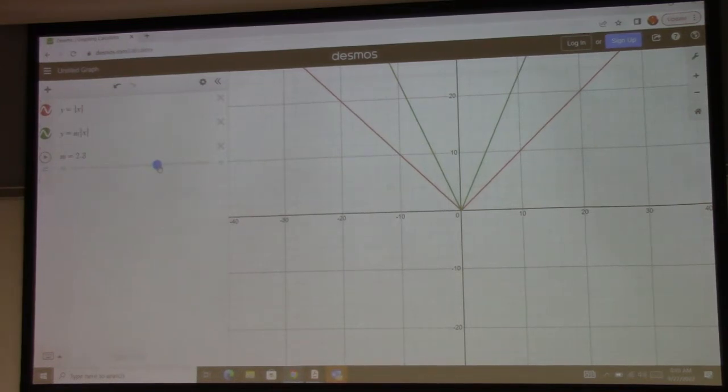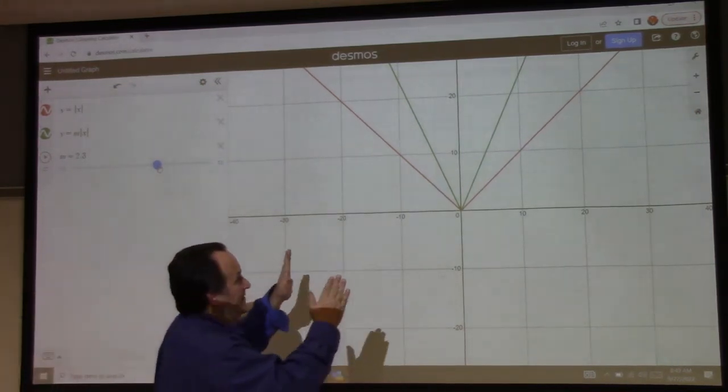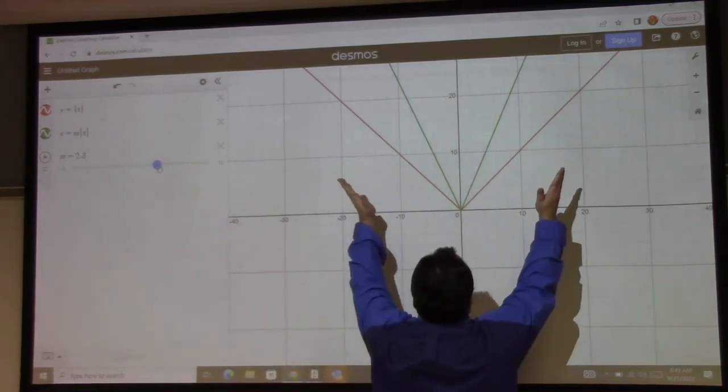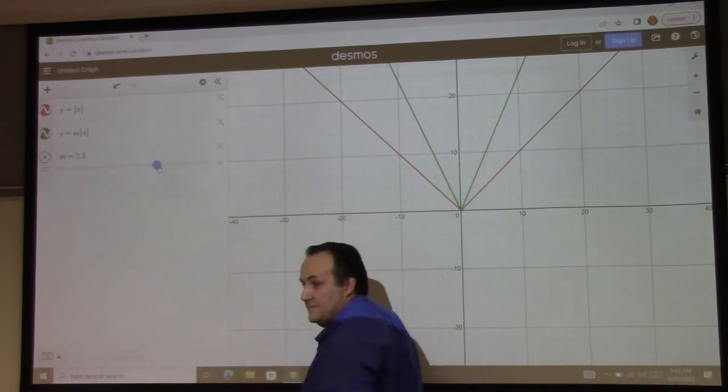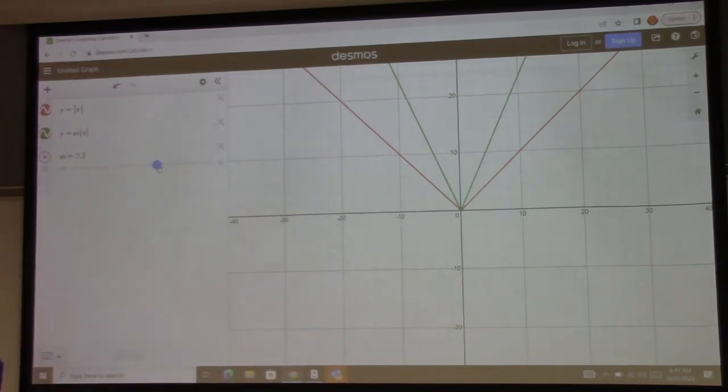This, on the other hand, is horizontal compression by m factor. So sometimes you could look at a given formula a couple different ways, like this one, right? I can either think of the green graph as stretching it vertically, or I can think of it as compressing horizontally. And that is an illustration of 7 and 8 on this sheet, right?